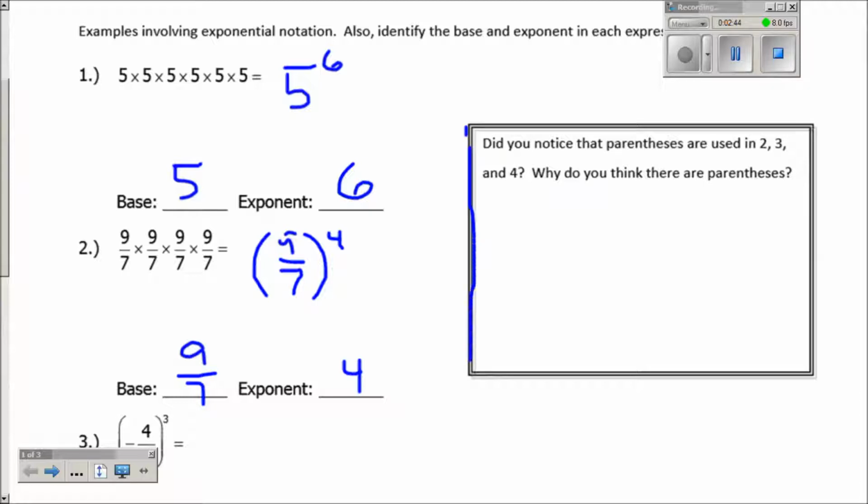It says here in the box to the right, did you notice that parentheses are used in question number 2, 3, and 4? Why do you think there are parentheses? Because there are no parentheses used in question number 1, and no parentheses in question number 5, and none are needed. However, in questions 2, 3, and 4, the parentheses are necessary. Okay, so please stop the video now to give your chance to work.